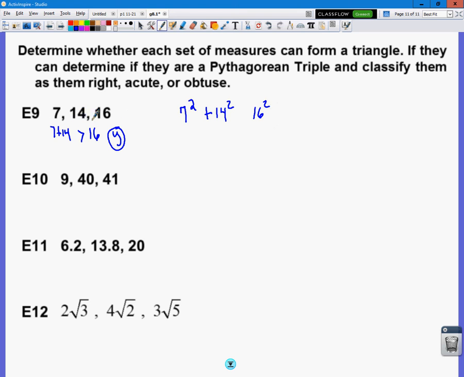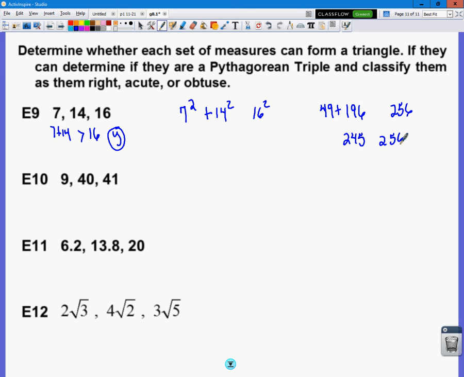Understand that these aren't always in order. So the C side would always be the largest one of these. 7 squared is 49. 14 squared, 196. 16 squared, 256. 49 and 196 put together is 245.